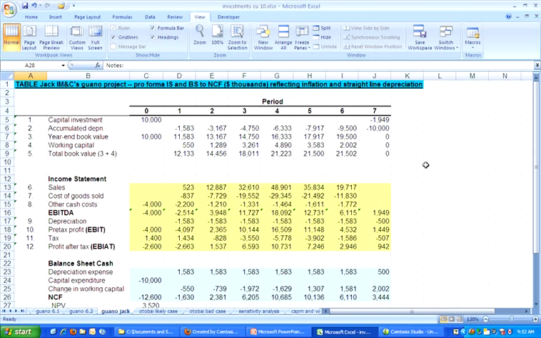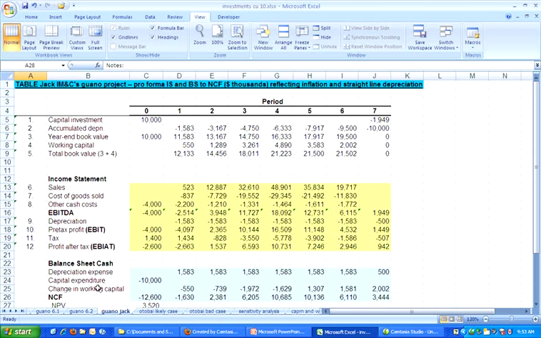First, the spreadsheet has been rotated 90 degrees so that the year or period is now indicated in columns. And the cash flow components are now presented in rows.